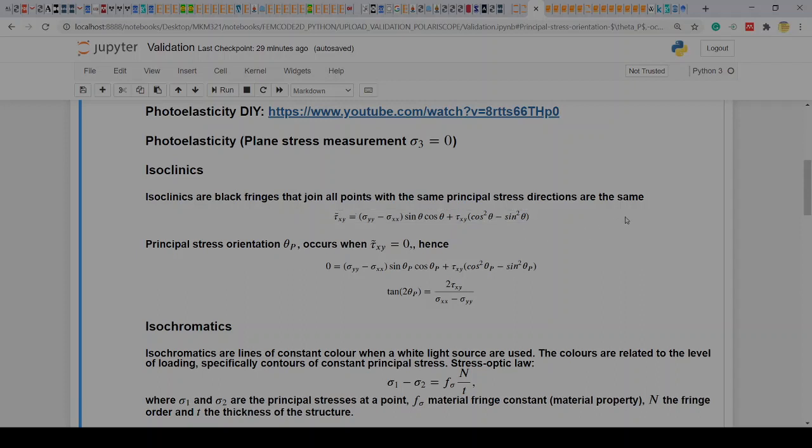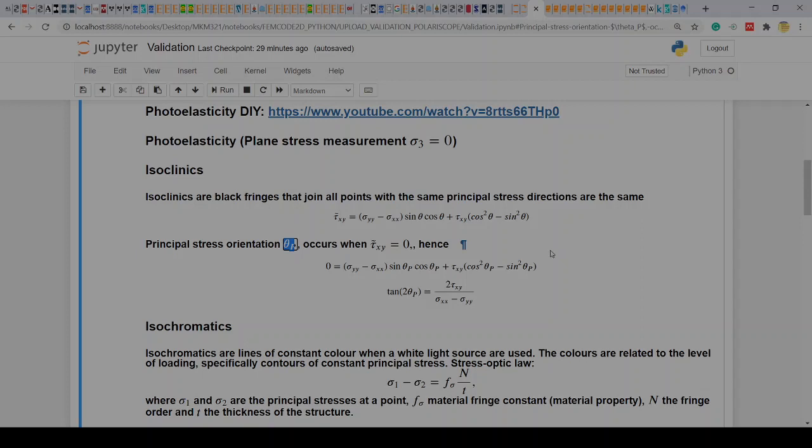We could essentially say, well, okay, let's look at a specific principal stress orientation. I would like to know which points have a stress orientation aligned with this sigma p principal stress orientation.